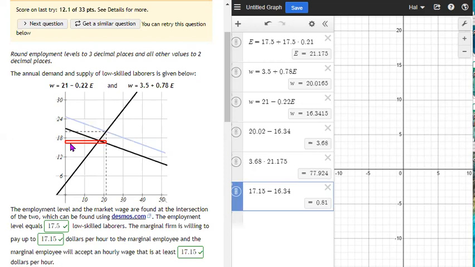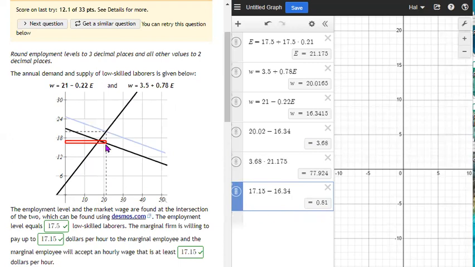They receive very little of that subsidy. This is the total value of the subsidy that they pocket after the additional workers are hired at that new wage of $20.02, right? In total, each hour they pocket 81 cents, right?